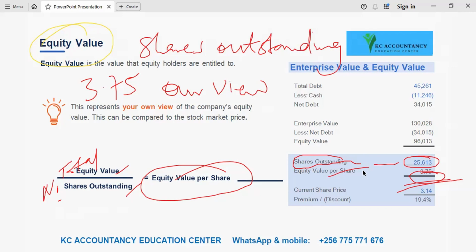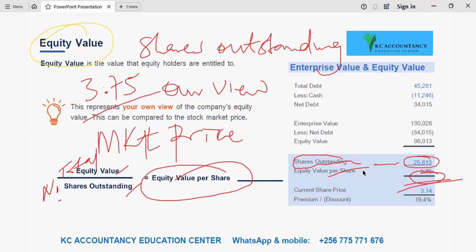But as a final piece of analysis, we can compare our view of equity value per share of 3.75 to the market price, the current share price.